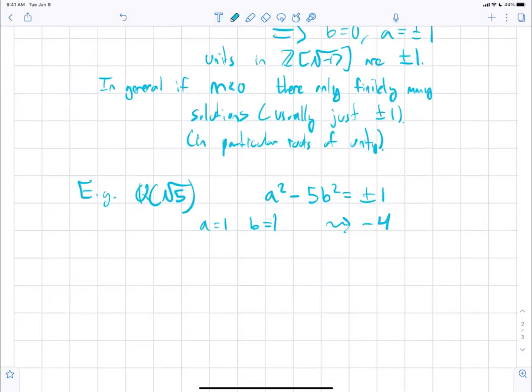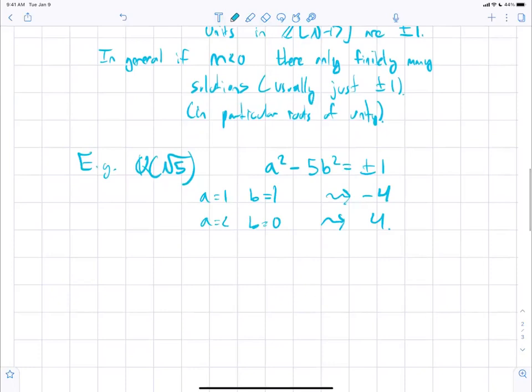And then let's try, okay, so that's good. a is equal to 2, b is equal to 0. So we got 2 squared is equal to 4. Okay, good. And now we should do the obvious thing, which is we should actually divide these two.